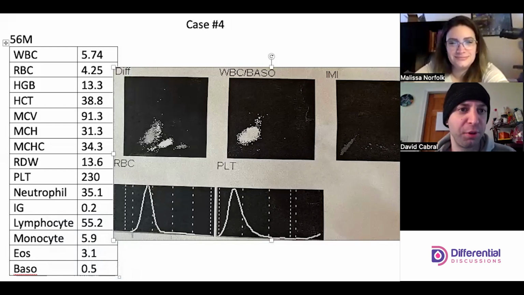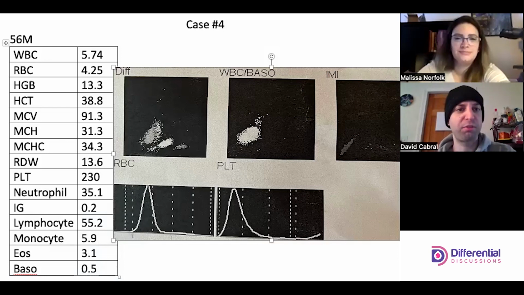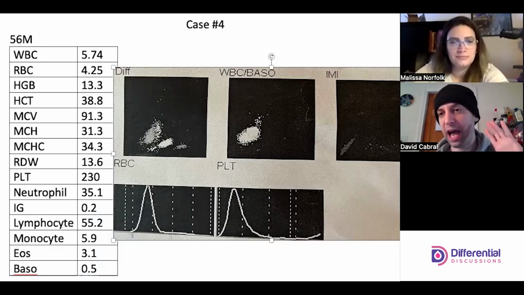Okay, so working through the white count looks normal, 5.7. Red count looks normal. H&H normal for a female. So yeah, is this a female? 56-year-old male. Okay. So 13.3 hemoglobin is a tad on the lower side. I don't have ranges necessarily memorized.